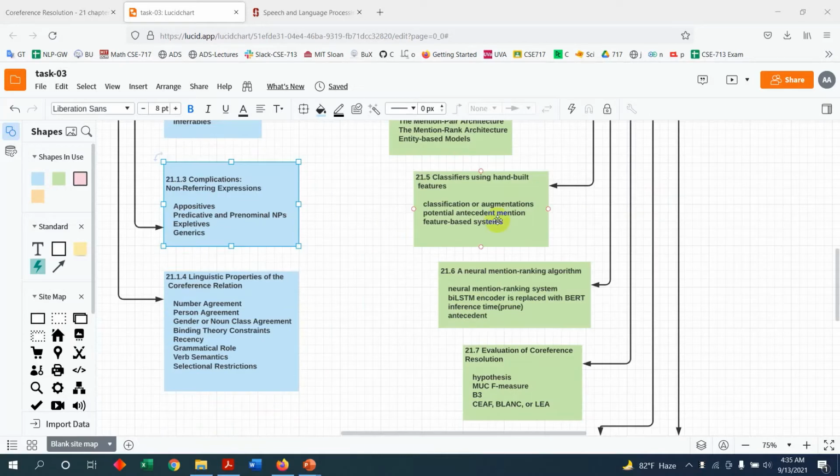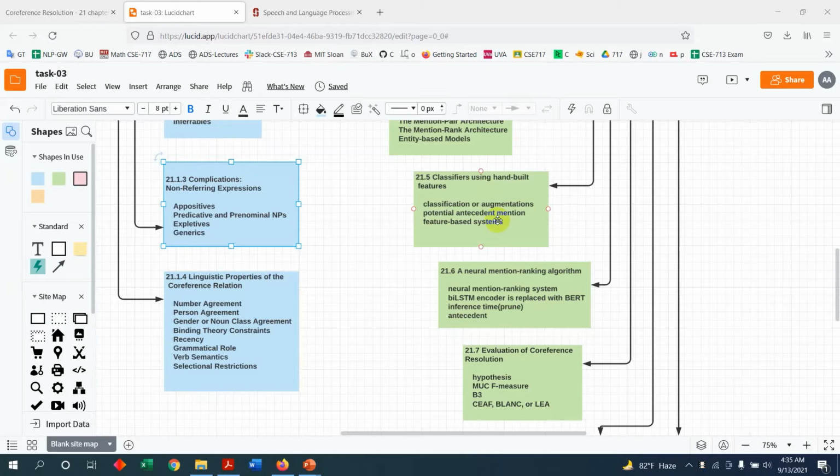The third part is complications: non-referring expressions. Many noun phrases or other nominals are not referring expressions, although they may bear a confusing superficial resemblance. An appositional structure is a noun phrase that appears next to the head noun phrase, describing the head.